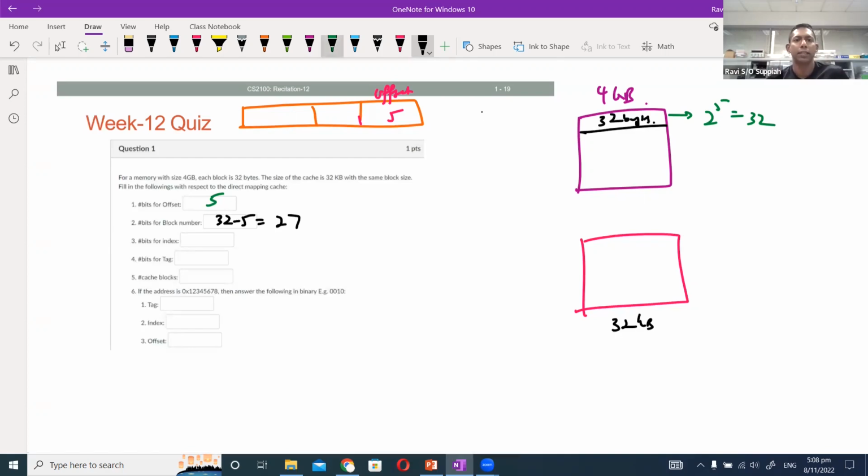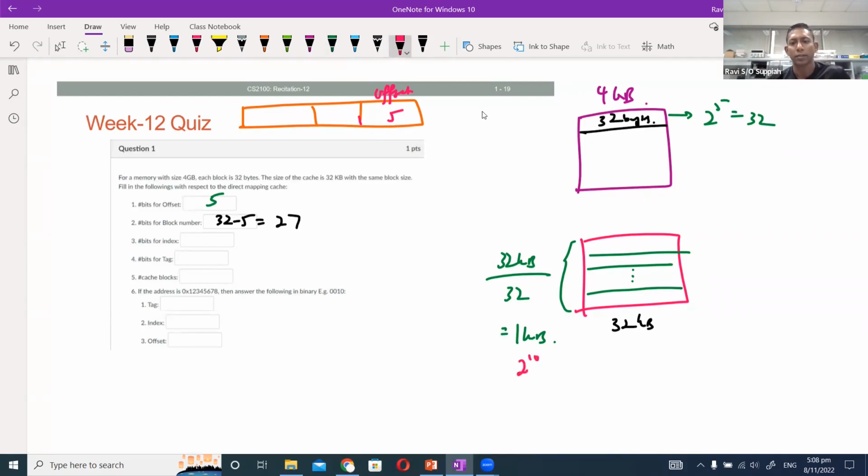The index is basically the number of lines, that is the total cache size divided by the block size. So that will be 1 kilobyte lines, and 1 kilobyte is 2 to the power of 10, so you have 10 bits here.